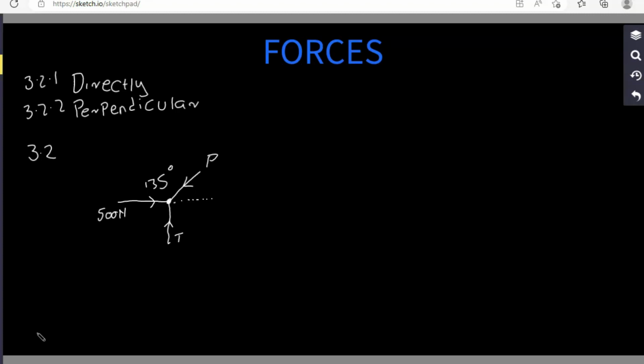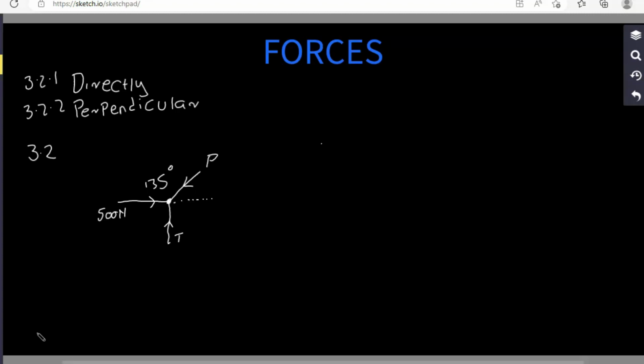So we are told that the system in figure 1 below is in a state of equilibrium, meaning the sum of the forces to the left is equal to the sum of the forces to the right, and the sum of the forces going up is equal to the sum of the forces going down.